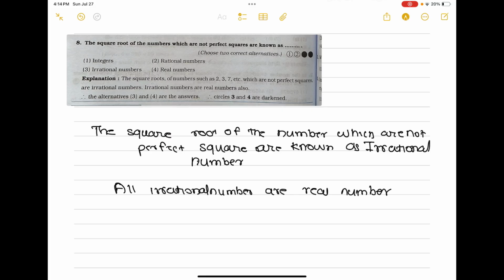That means the square root of a number which is not a perfect square is known as both a real number and an irrational number, because real numbers contain both irrational and rational numbers. So our answer is irrational, and irrational is also a real number. So that's why options 3 and 4 are correct. You need to do it properly. Okay, good.